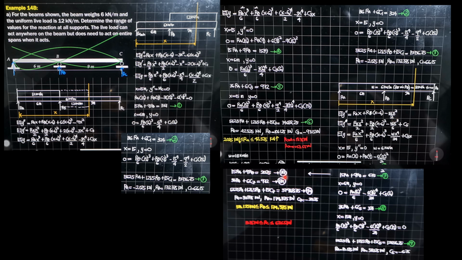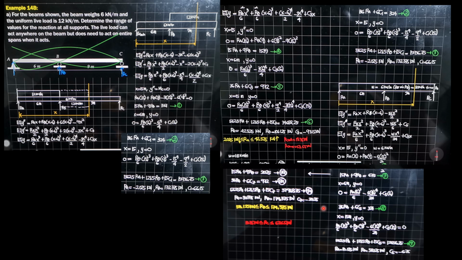That's why I call that 7A. From 8A, same boundary conditions, the equation would be 36 RA plus 6 C sub 7. I'll call the new slope at A to be C sub 7 equals 18 times 6 to the 4th over 24, and that's 972. Call that 8A.